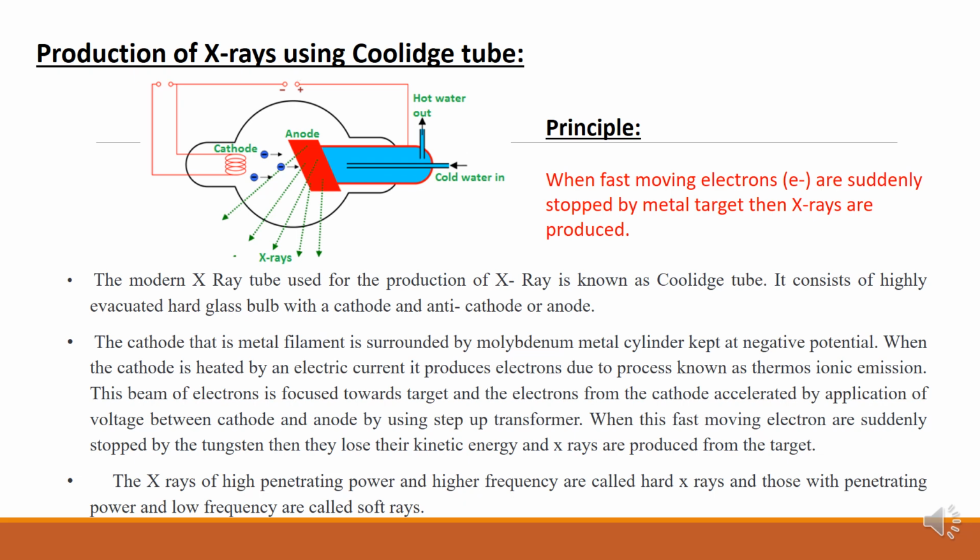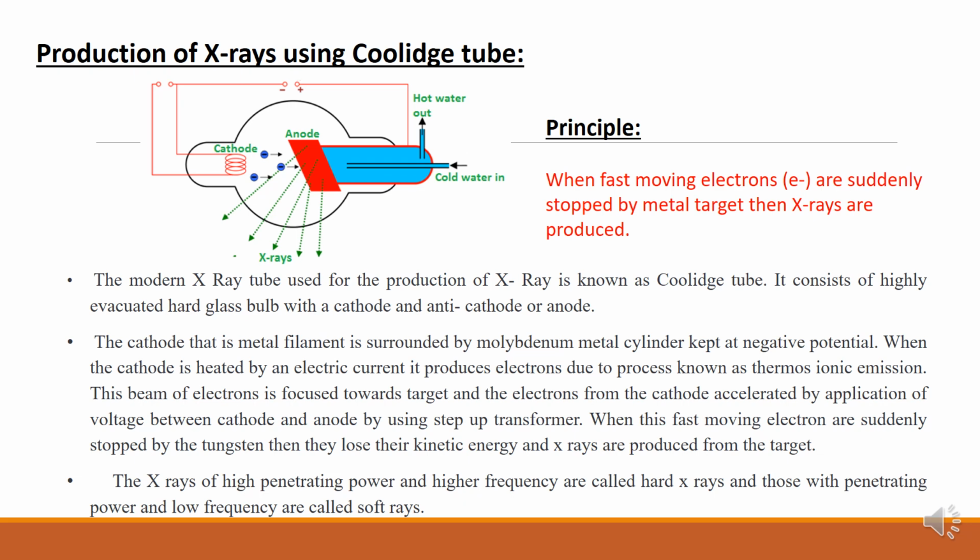In this figure, we see a highly evacuated glass tube which contains a cathode at one end and an anode at the other end. The cathode may be a tungsten filament and the anode is molybdenum material.